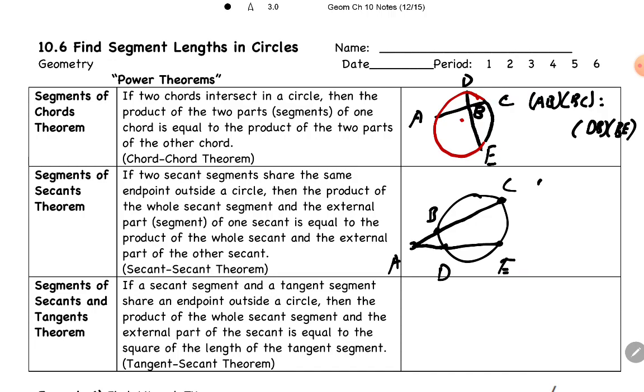If we're looking at the upper secant, the upper line, AC, times its small piece, AB, is equal to, now we're looking at the bottom line, AE, the whole line, times the small piece.